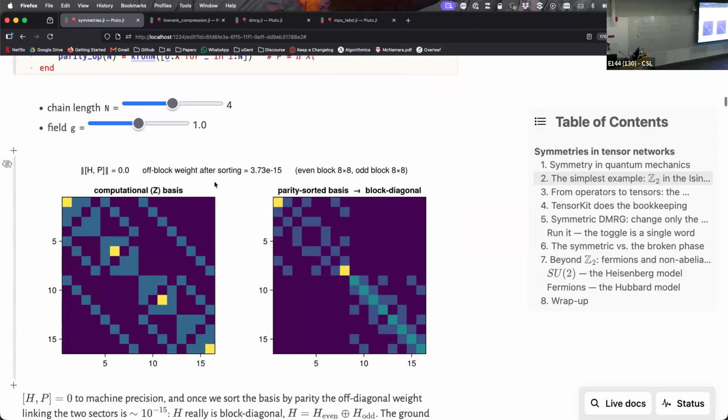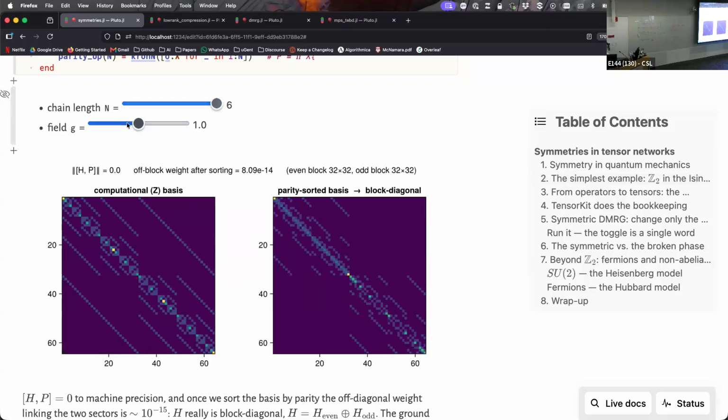On the left, you can see the entries of this Hamiltonian in the Z basis, the basis that we've been working with the entire time. On the right, I've sorted them by first the plus states and then the minus states. You can really clearly see that these values very naturally form a block diagonal matrix, where the only thing I've done is resort all of the entries. And this holds for larger matrices as well.